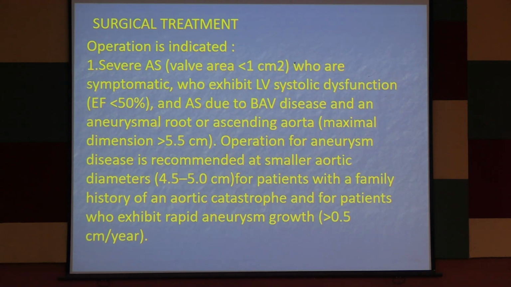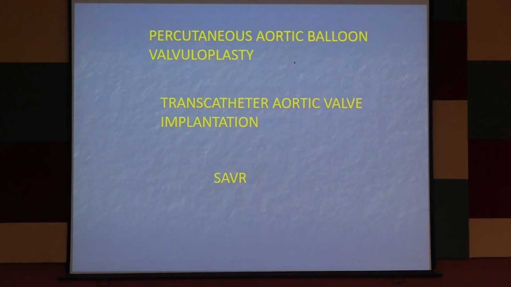But operation is indicated at a smaller aortic diameter such as 4.5 to 5.0 centimeter in which a family history of aneurysmal catastrophe or who exhibit rapid progression of the aneurysm, that means 0.5 centimeter per year. What are the process of the surgical intervention?